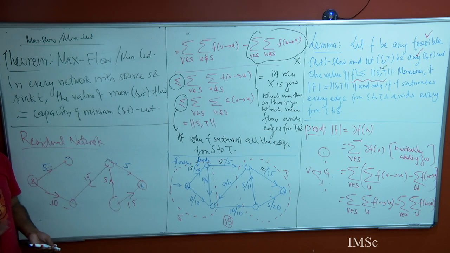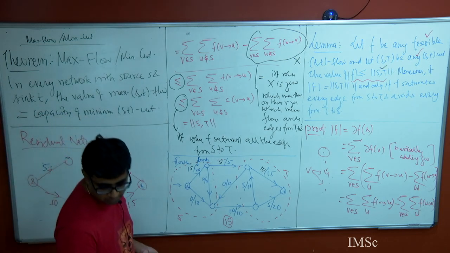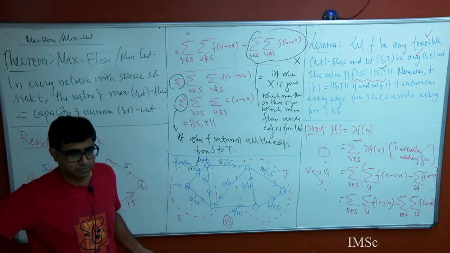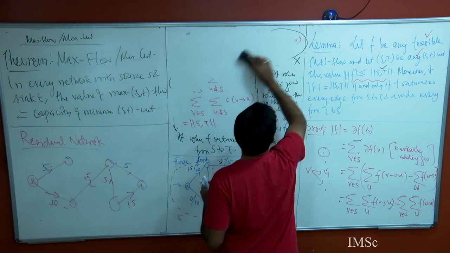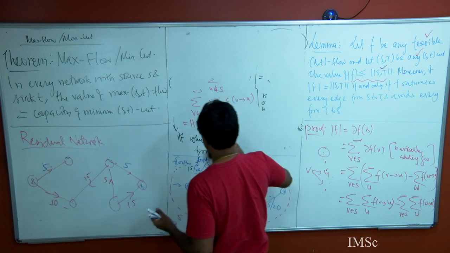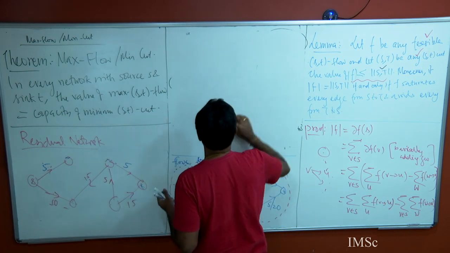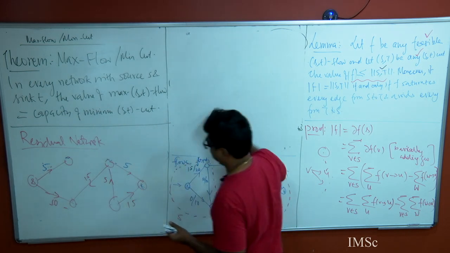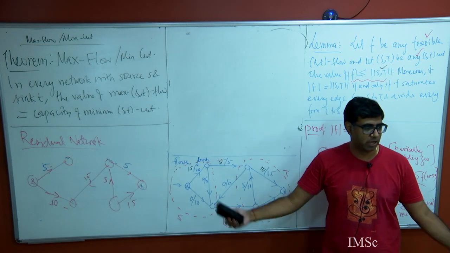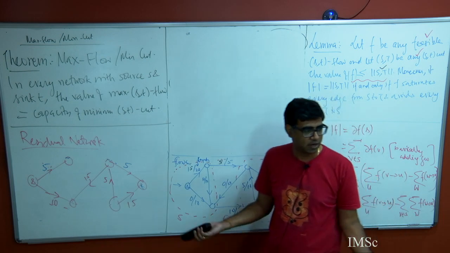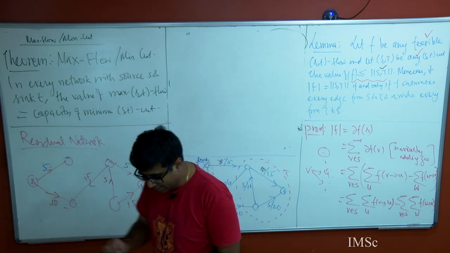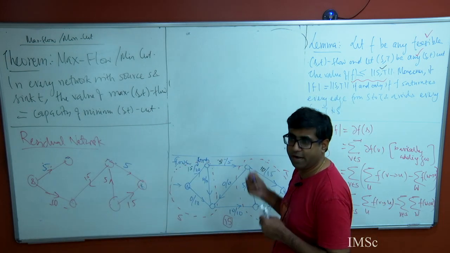So let me give another example. Maybe this one is optimal, this may not be, but let me give another example. If I can find an augmenting flow, that is great for us because all I am doing is increasing everything, so nothing to prove anyway. But let's assume just a 4 node network graph.